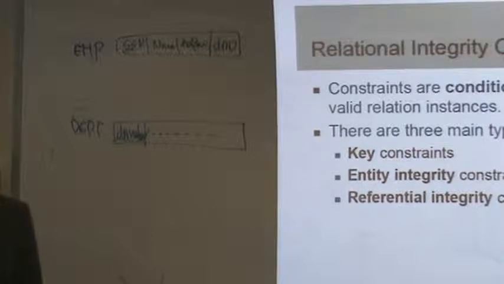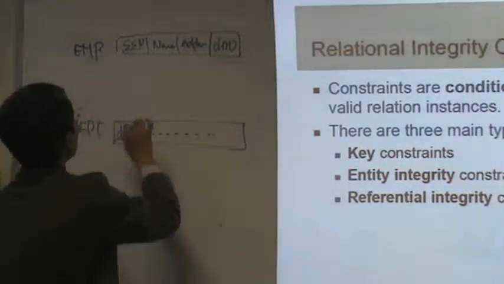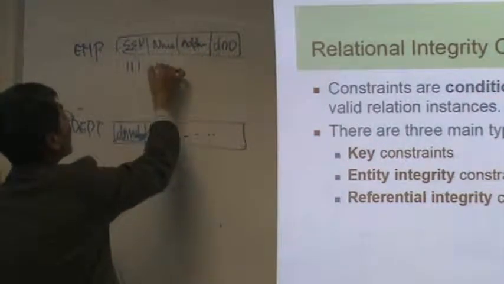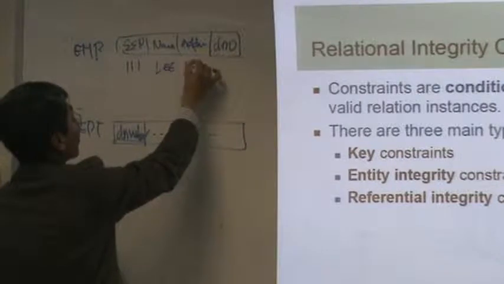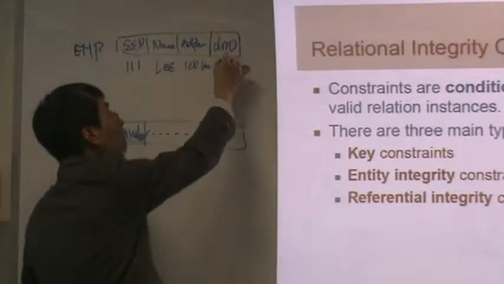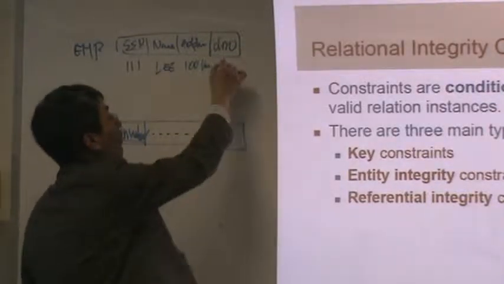So I'd like to populate, to insert the data into this system. For example, employee 111 Lee, address is 100 University Avenue, DNO, whatever, 100.